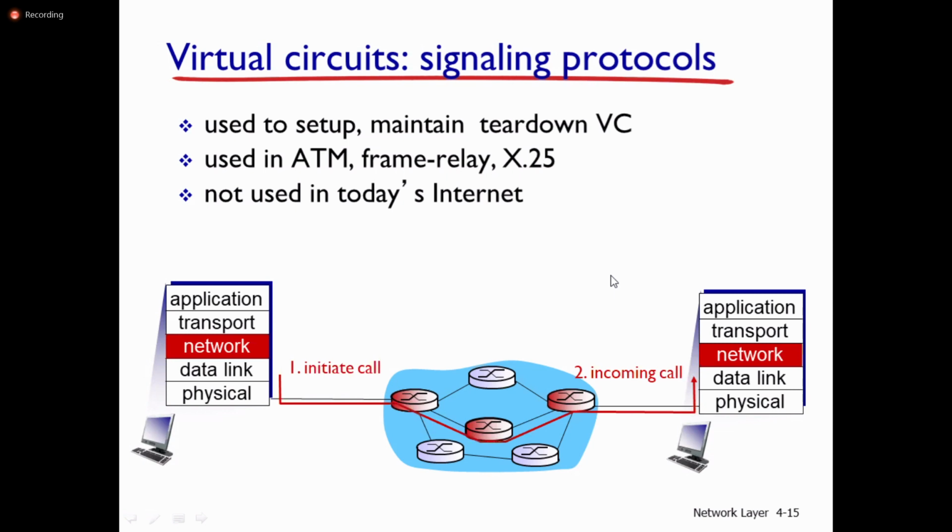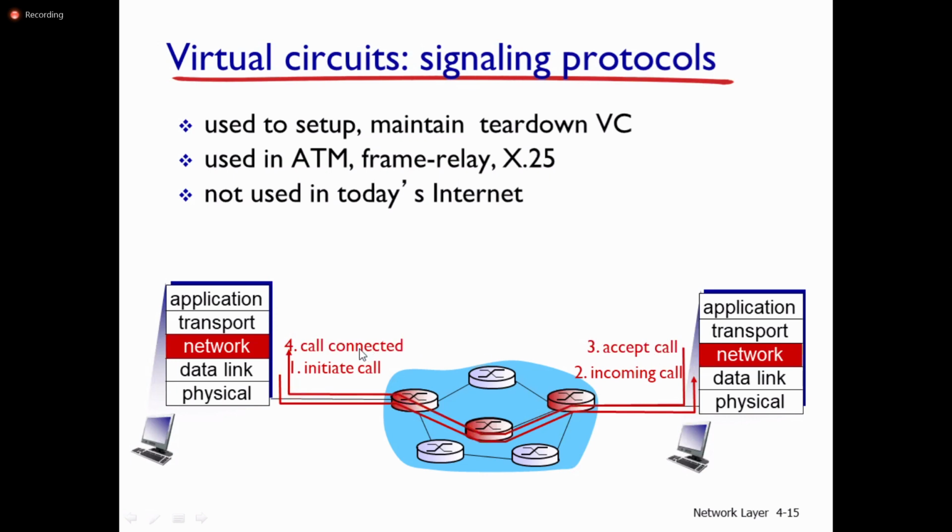There are different phases you can observe here. First, as I told you many times, the client always initiates the call. Number 2 is the incoming call at the server, for example. Third is accept the call.